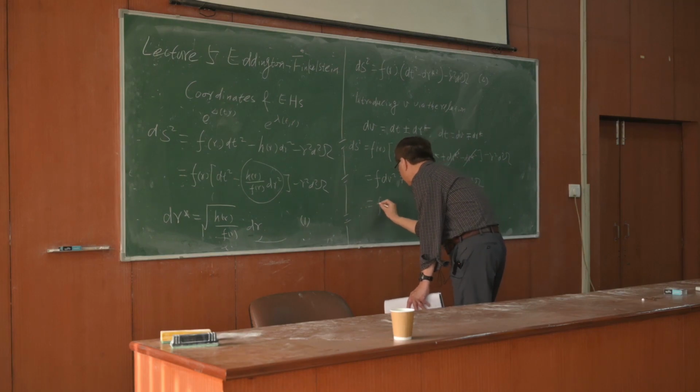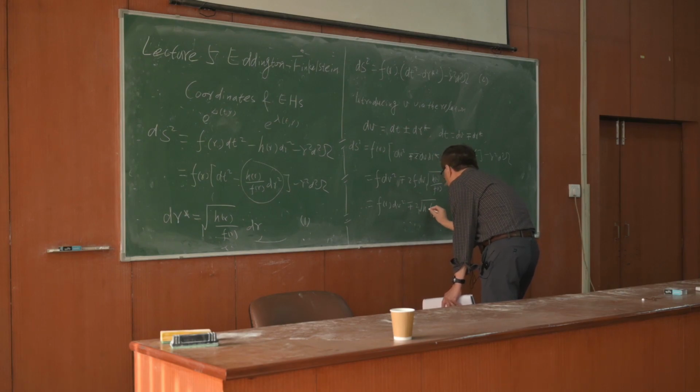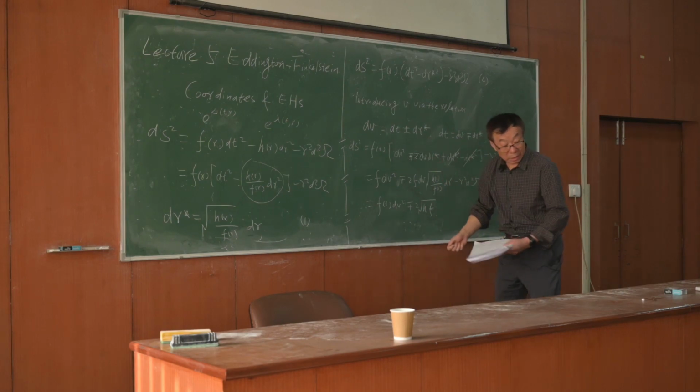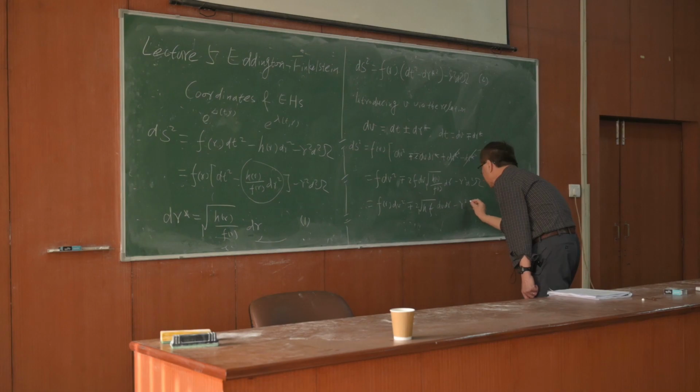So this is f(r) dv squared minus or plus 2 sqrt(hf) dv dr minus r squared d omega squared.